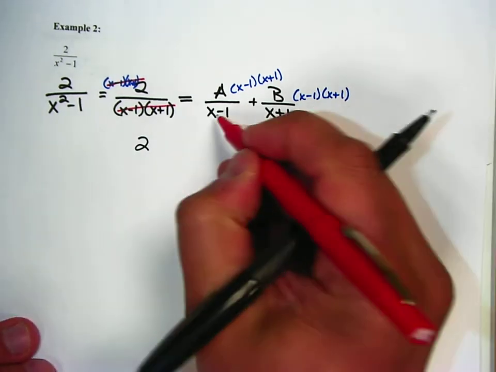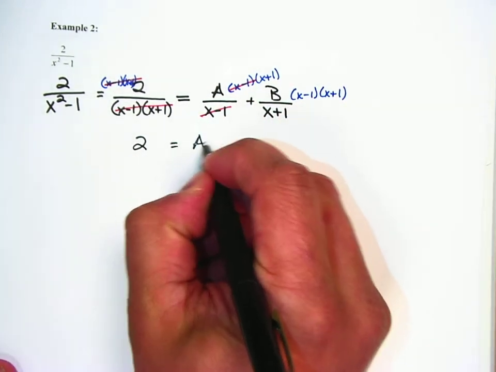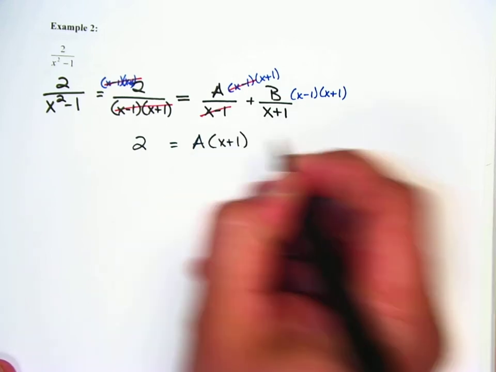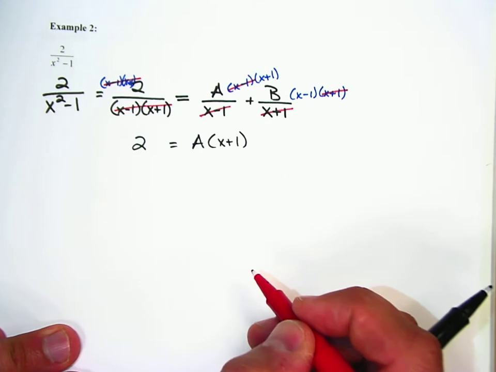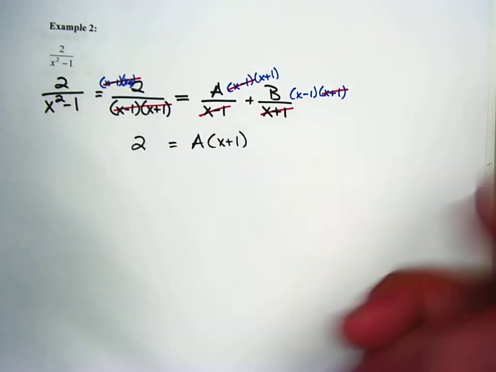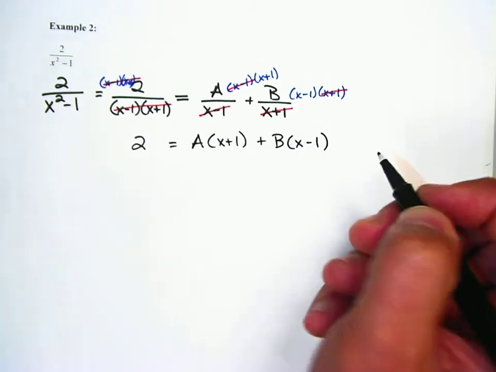On the right, the x minus 1's cancel. I'm left with A times (x plus 1). On the left, the x plus 1's cancel, and I get B times (x minus 1).